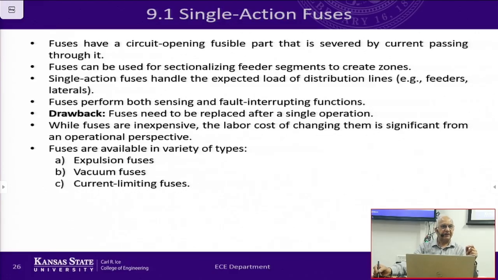So basically, a fuse has two purposes. One is that it breaks the circuit when a fault takes place. But in normal operation, if you want to disconnect a part of the system, you can actually use the fuse, remove the fuse. So basically, removing the fuse will disconnect that particular part of the system.